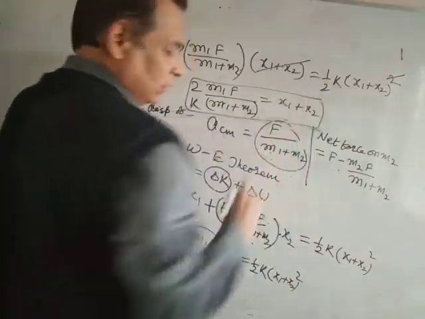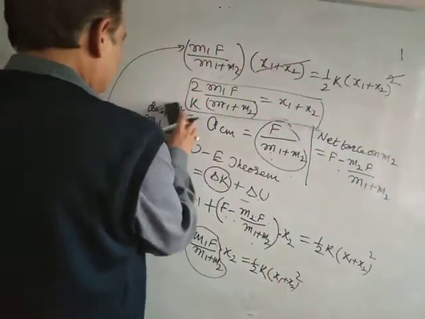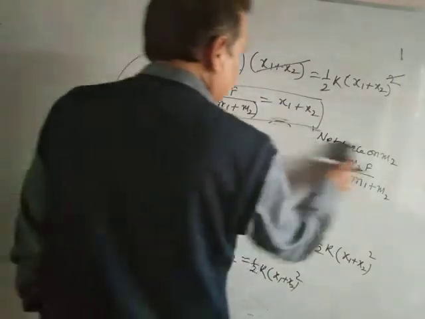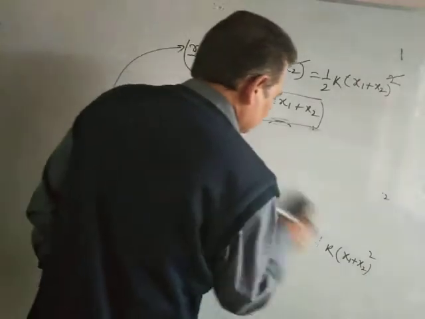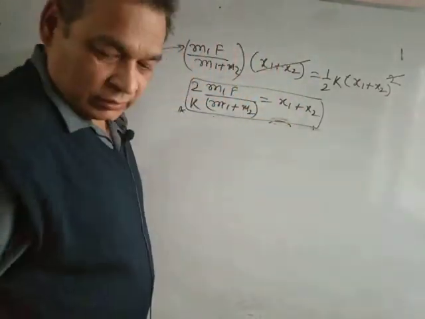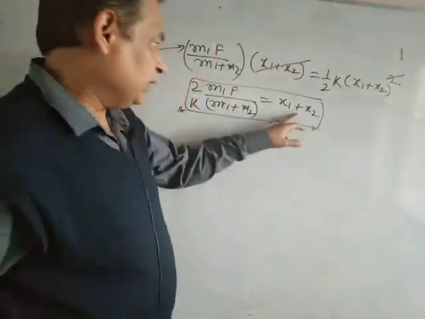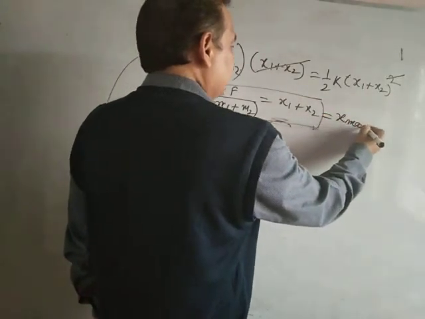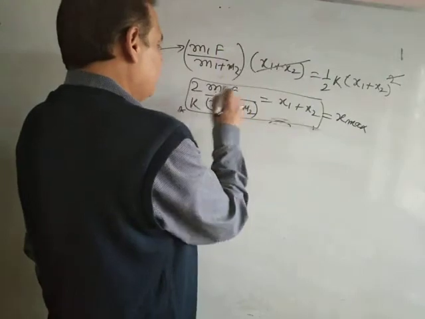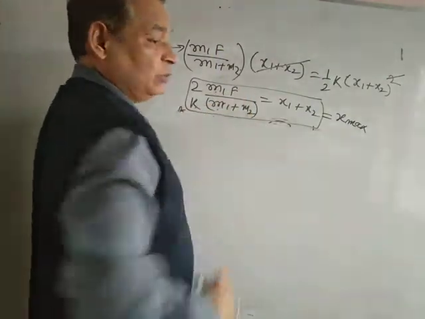This is our answer. So this maximum elongation x1 plus x2, x max of the spring, will be 2 m1 F upon k times m1 plus m2.